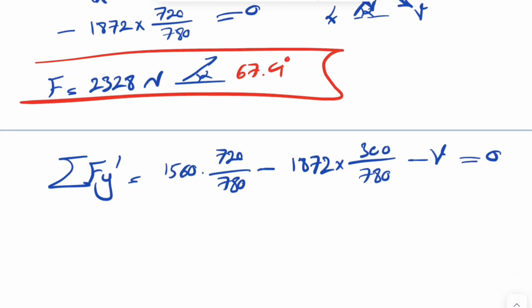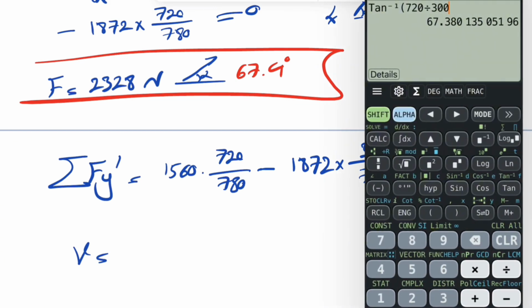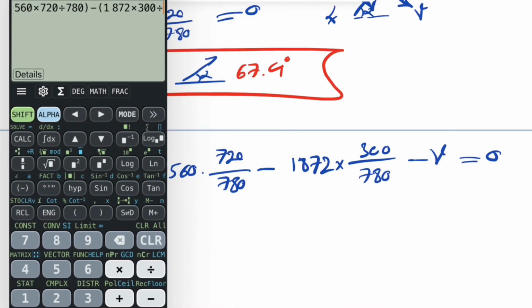And we can find V in here, which will be 1560 times 720 divided by 780 minus 1872 times 300 divided by 780.